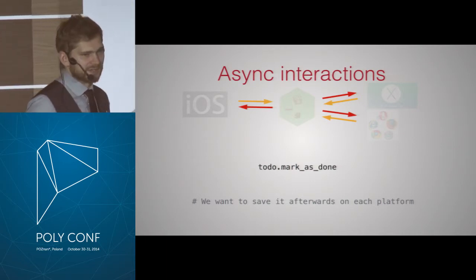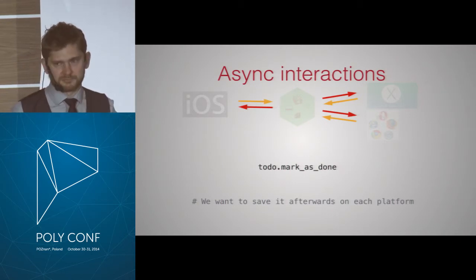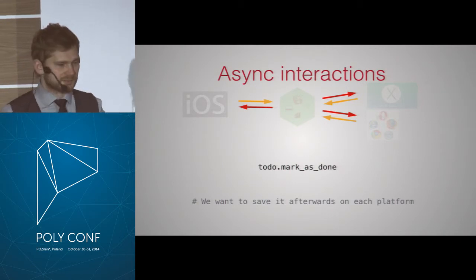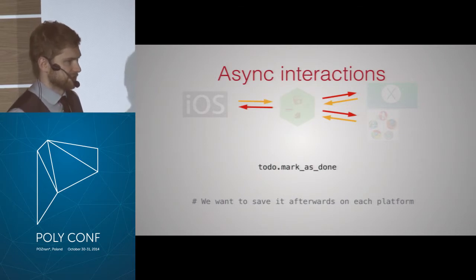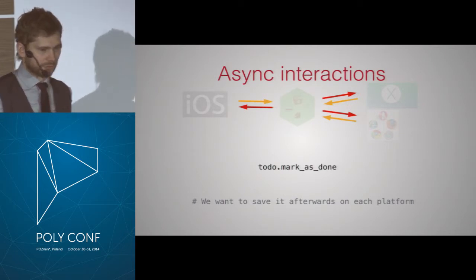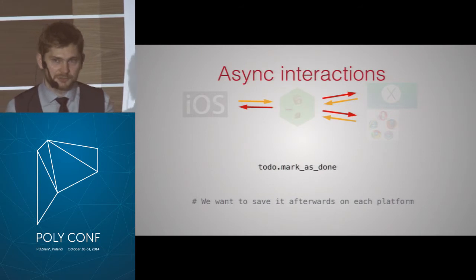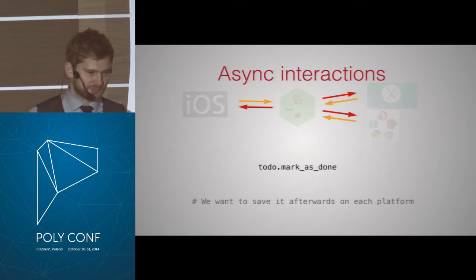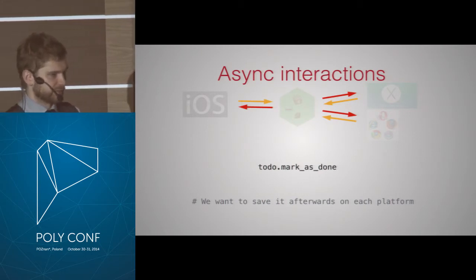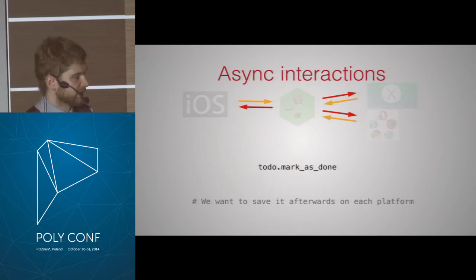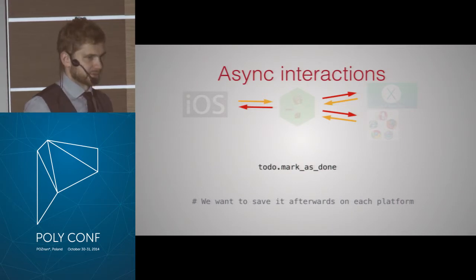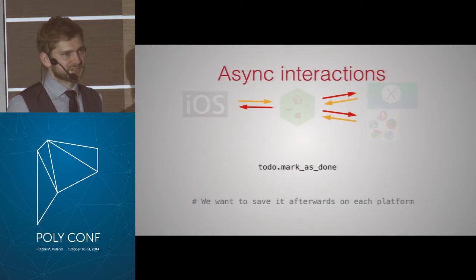So the question is, what does save mean? It depends. Our Rails application would actually save it to the database. Our Objective-C application could save it to a database or could post it via HTTP to our Rails application. And our core domain doesn't care about that.